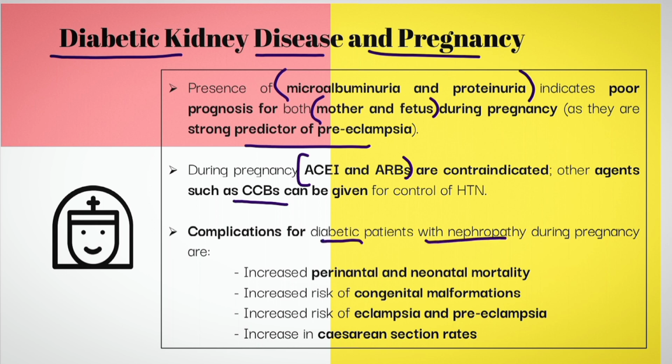So these complications are higher chances of perinatal and neonatal mortality, higher chances of congenital malformation development, increased risk for the development of eclampsia and preeclampsia, and also in such pregnant ladies the chances of cesarean section will be increased.